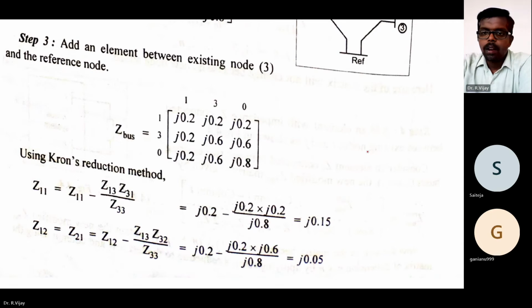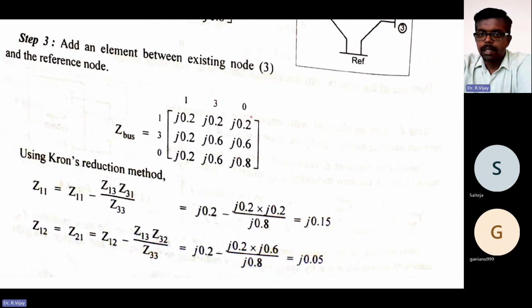This is 2, minus 1 divided by this value. Whatever the value is here, you need to take: J into 0.8, into this particular matrix.